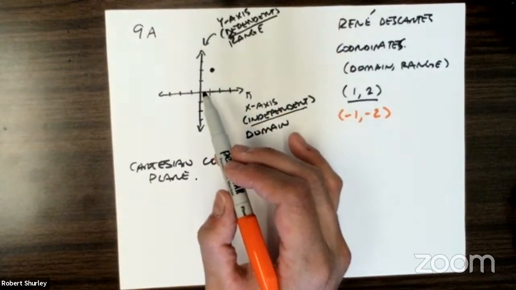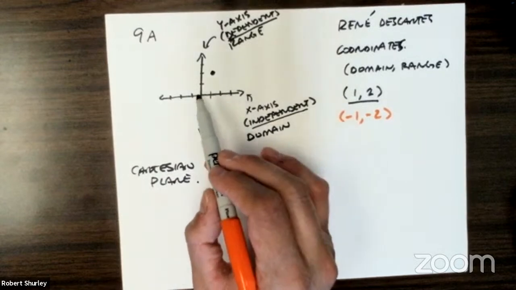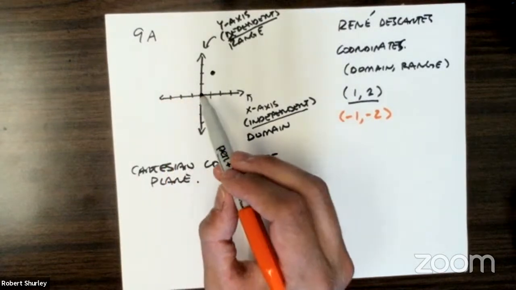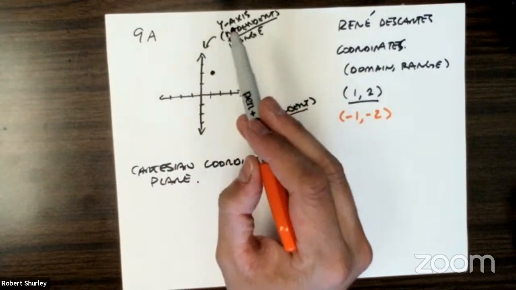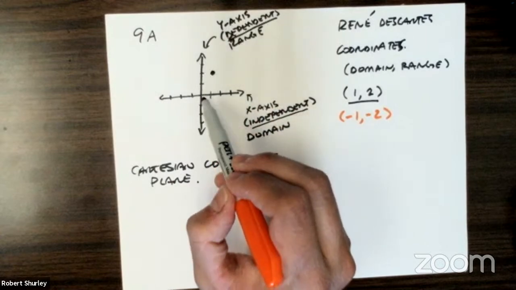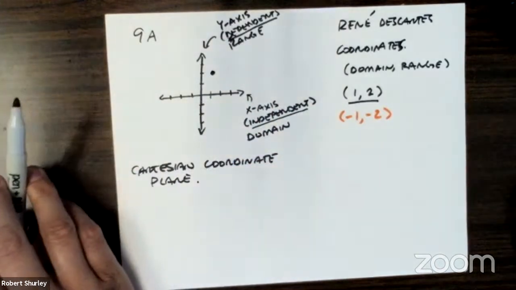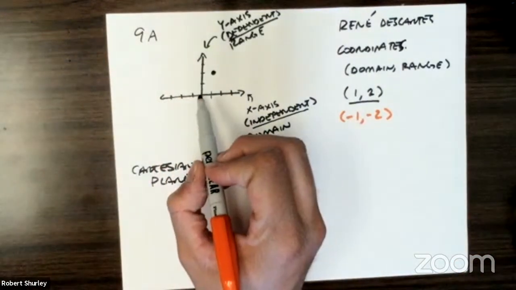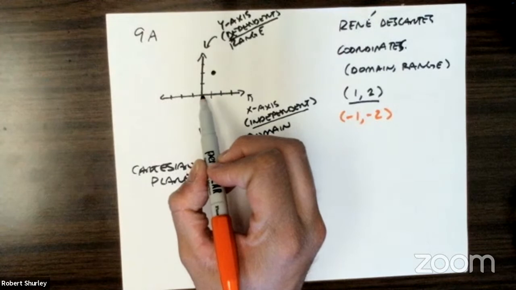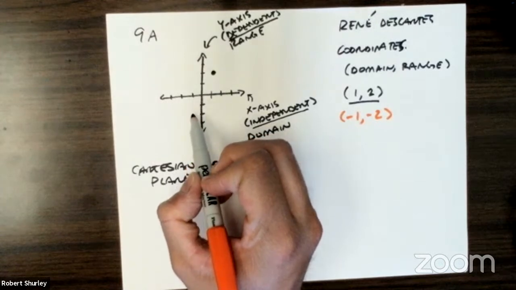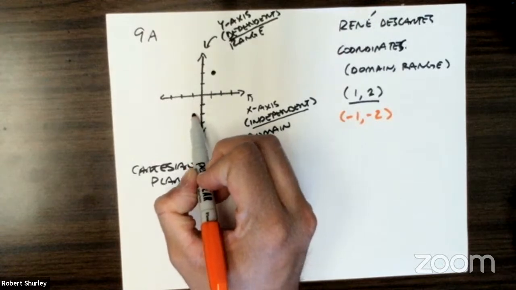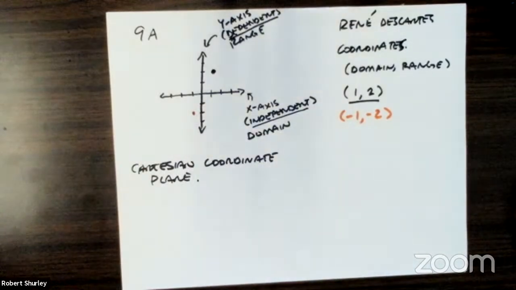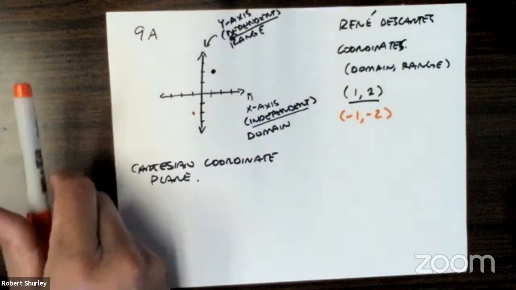So the numbers to the right are going to be positive, and to the left are going to be negative. And this is with the y axis. The numbers above are going to be positive and below are going to be negative. Okay, so if I wanted to graph -1, -2, I would go to the left one, right? Because that's our domain value. So left 1 and then down 2. Boom. There is our -1, -2 coordinate.